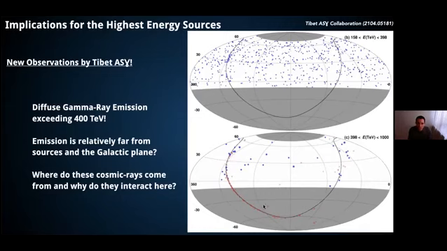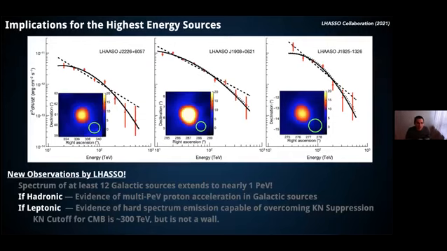So this is really exciting and pushing the bounds of what you can do with both lepton and hadronic accelerators. And even more recently, the LHAASO collaboration published a flux of, again, PeV sources in the galaxy.